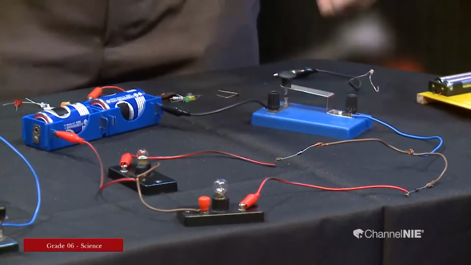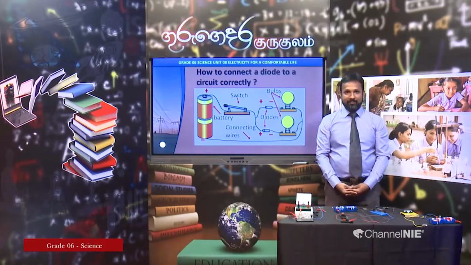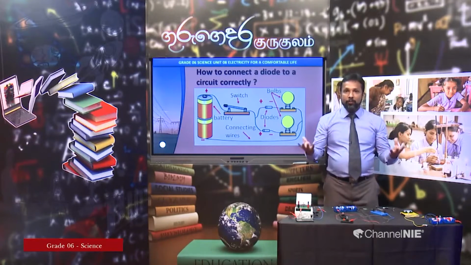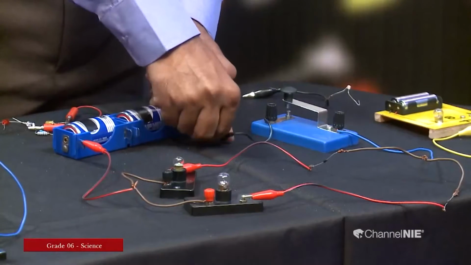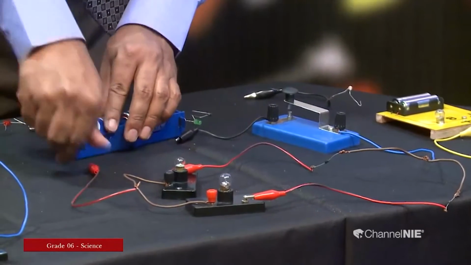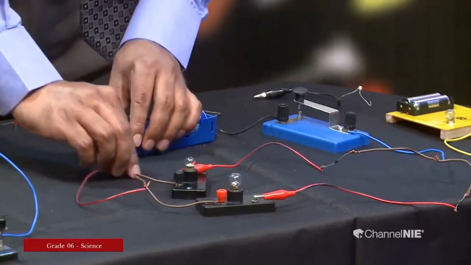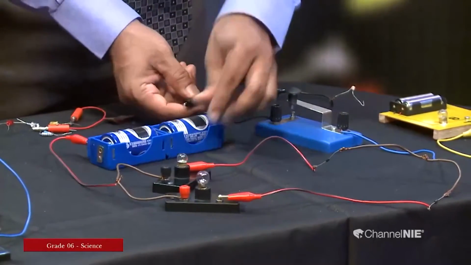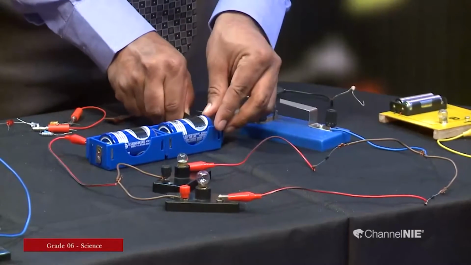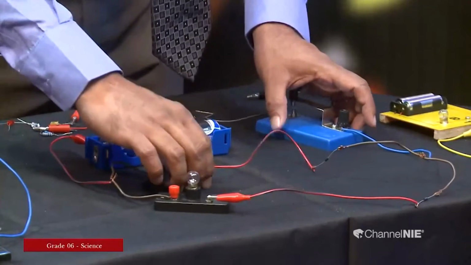Then I am going to change the terminals of the dry cell. Let's change the terminals and observe what will happen. First unclip, change the terminals, and clip again. Now I am going to switch on the switch.